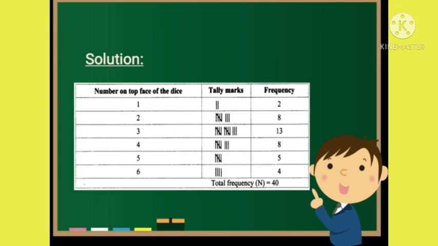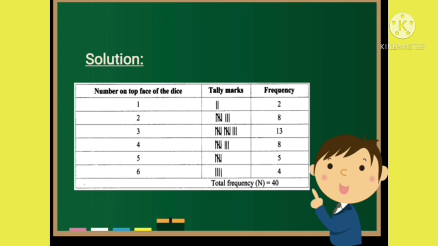Let's draw a frequency table with 3 columns. In the first column, number on top face of the dice, the tally mark in the second column, and frequency in the third column. We have written the numbers 1 to 6 which are there on the dice, and according to how many times the number is appearing, that many tally marks we are putting in the second column under tally mark, and in the frequency column we are putting the number.